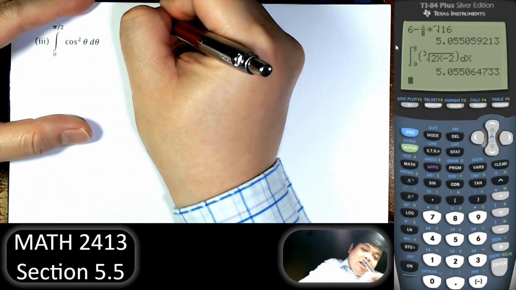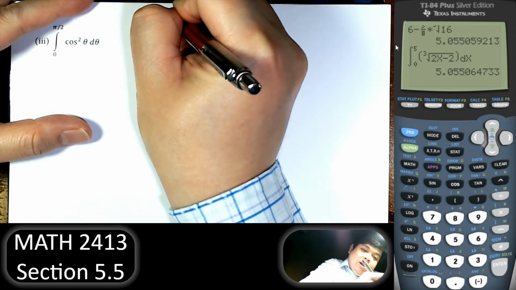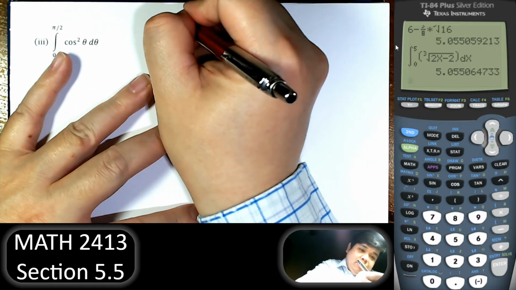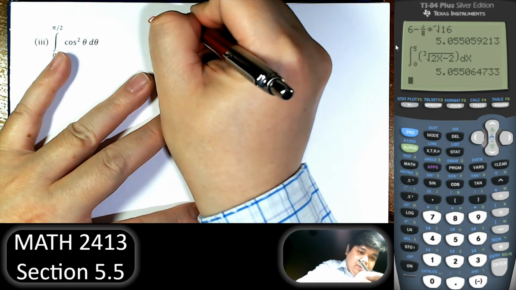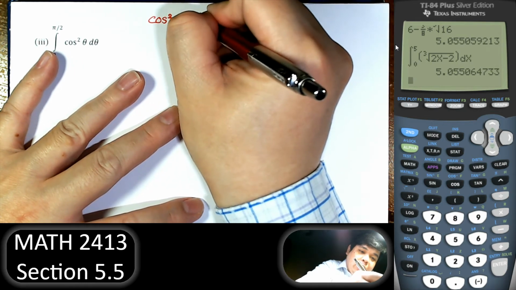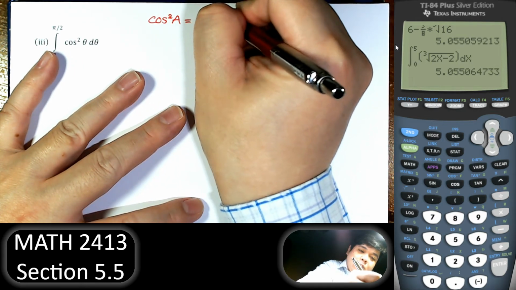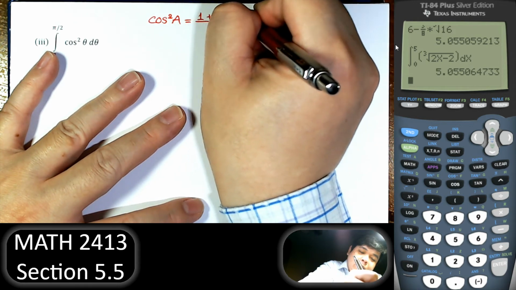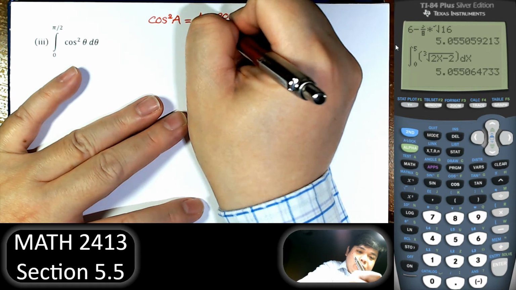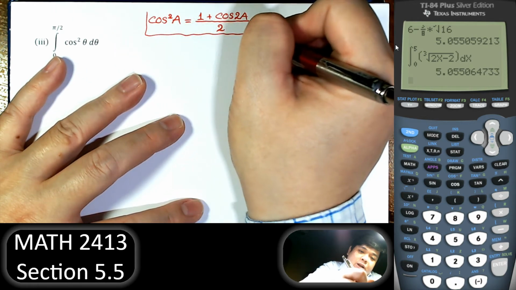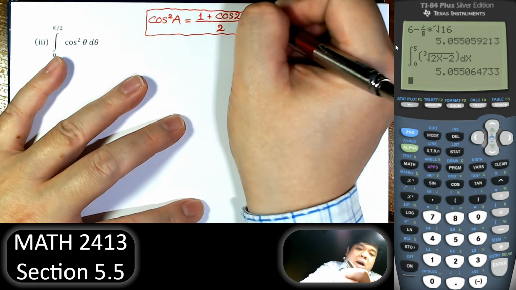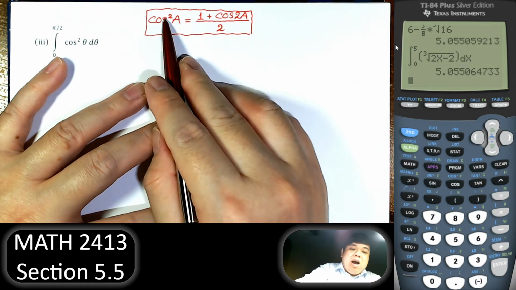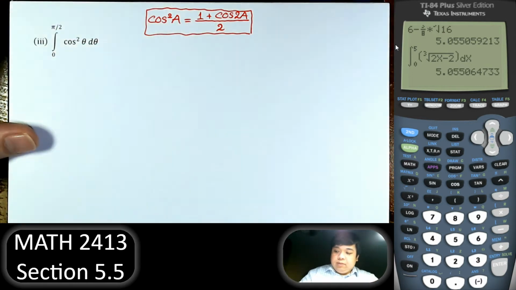We have an identity I call the power reducing: cosine square of a equals 1 plus cosine of 2a divided by 2. So that is power reducing, reducing the power.